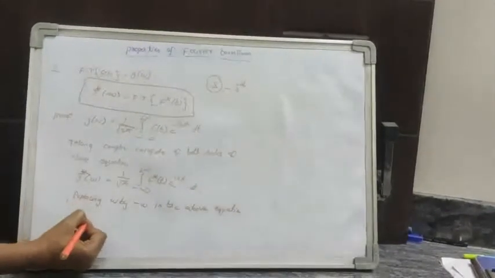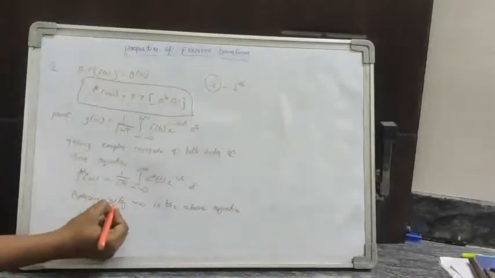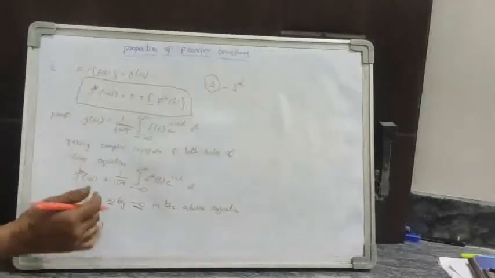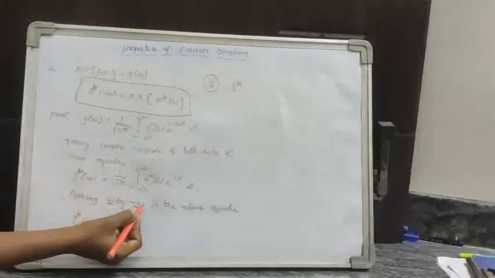G conjugate of minus omega. Omega will be replaced by minus omega, that means wherever omega is there, you keep it as minus omega.